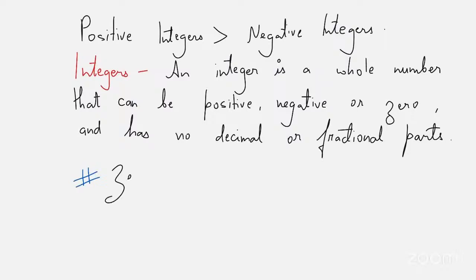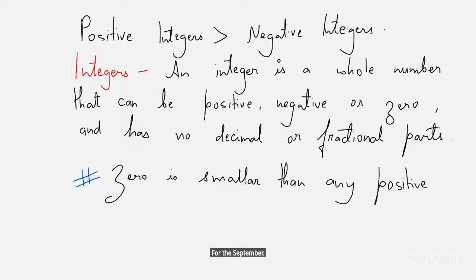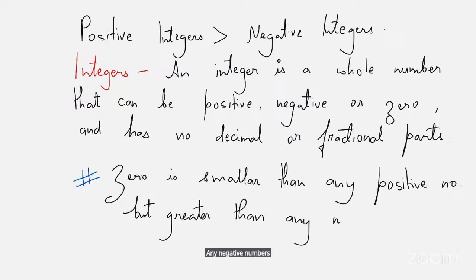Zero is smaller than any positive number, but greater than any negative number. Okay, that is the rule about zero.